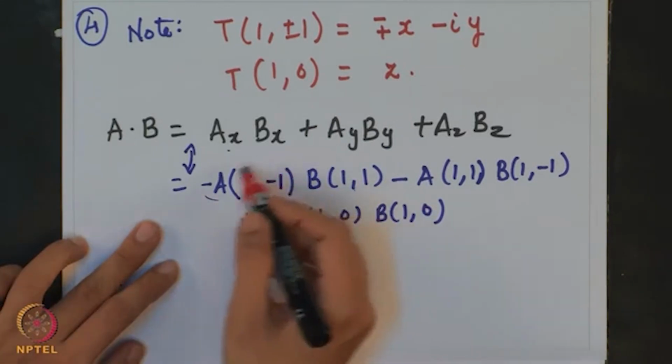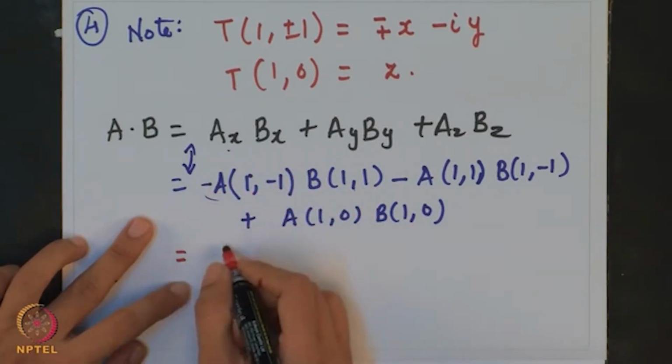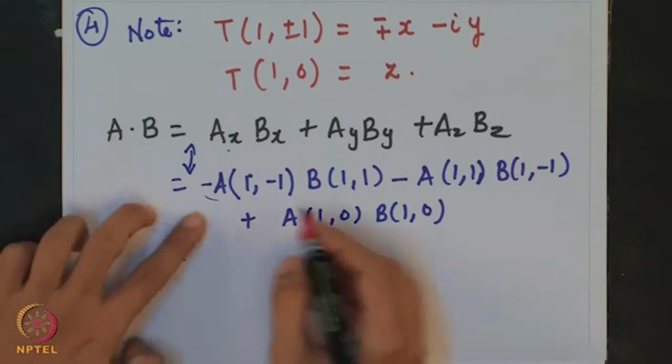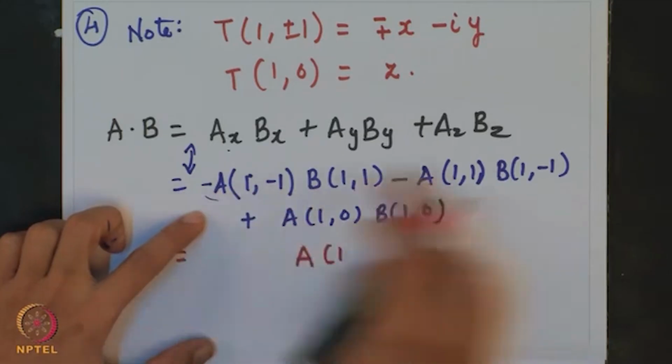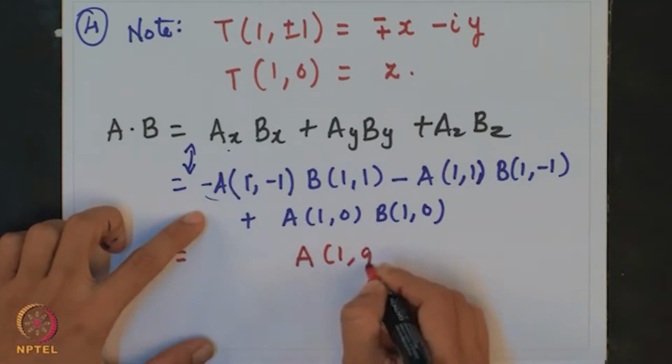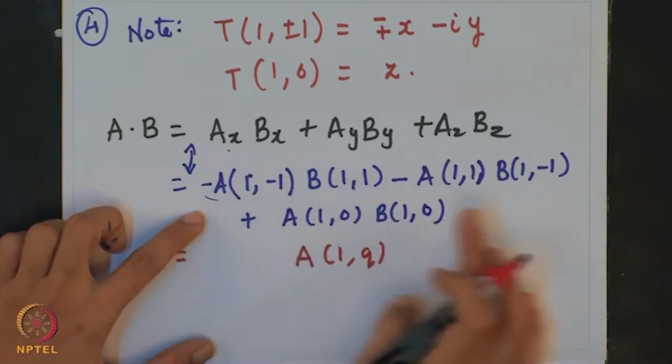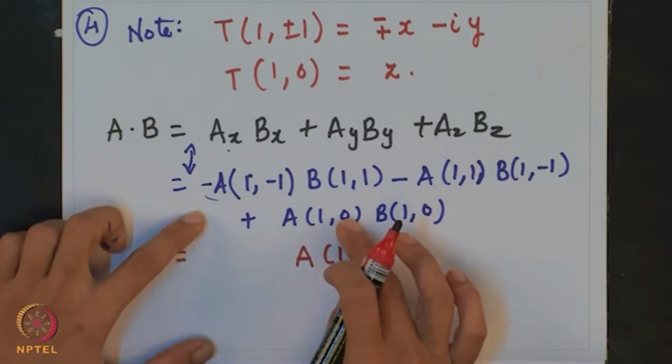Now, let me write this term in the compact notation. What is the compact notation I can think of here? I have 1 in all and Q is changing, Q is minus 1 or 1 or 0, either it is 1, 0 or minus 1.